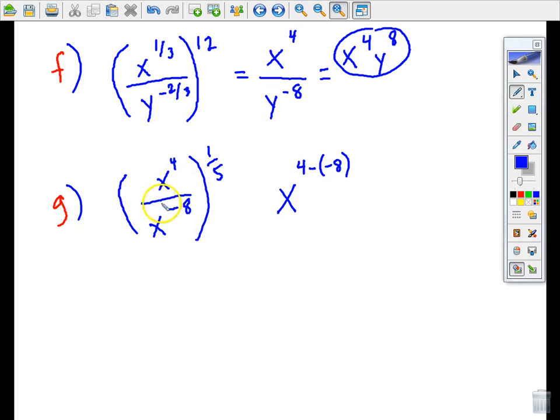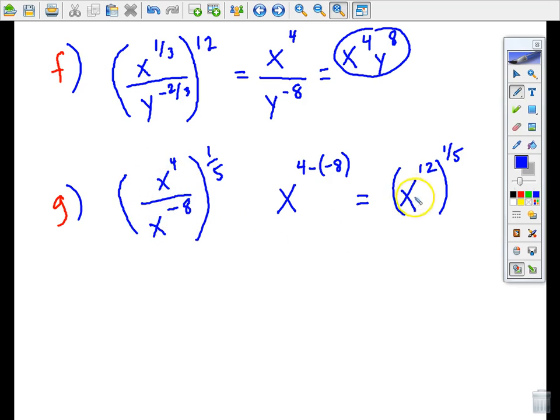Right, and so that's going to consolidate two different x's into just one single x to the 12th, and now that's going to be raised to the 1/5. So all I did so far is simplify this fraction in the parentheses.